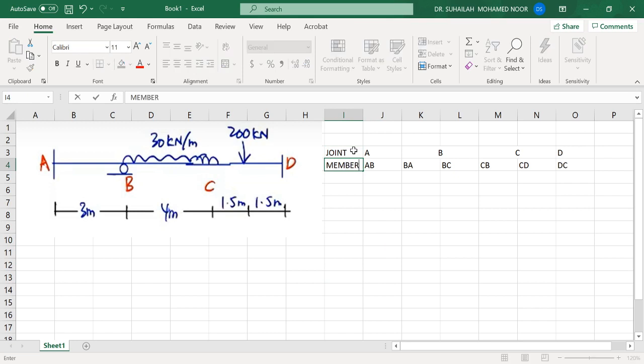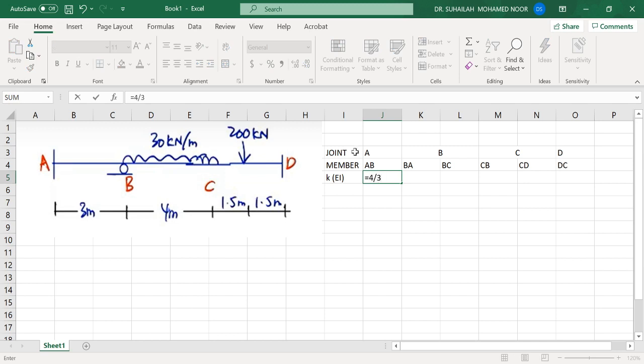I want to straight away calculate the stiffness factor in the table. K is in terms of EI. The length of member AB is 3 meters, so it is 4EI divided by 3.